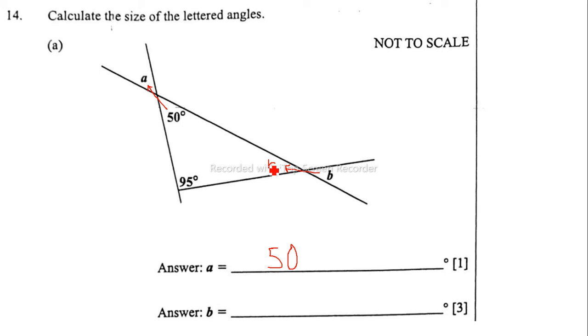Okay. So that means that B is going to be equal to 180 minus, we have to add these two and then subtract them from 180 to get B. So that's going to be 180 minus 50 plus 95.